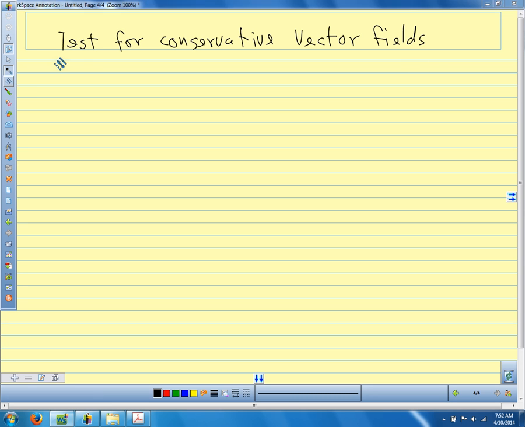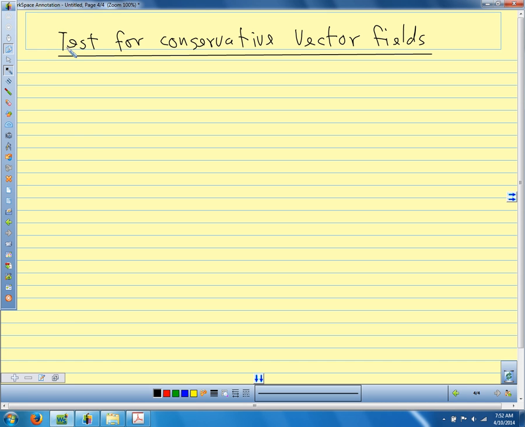If it's conservative, there are problems that we're going to solve later that become significantly simpler.